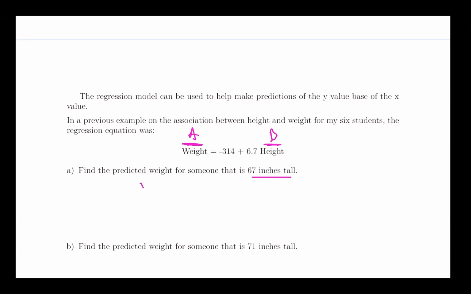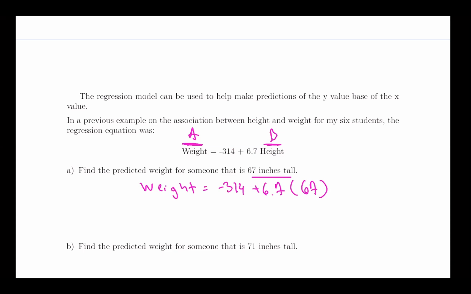So to make a prediction for the weight, we're going to say negative 314 plus 6.7, and you want to substitute 67 in for height. So instead of putting the height, you're going to put 67. Everybody good with that so far? Yes.